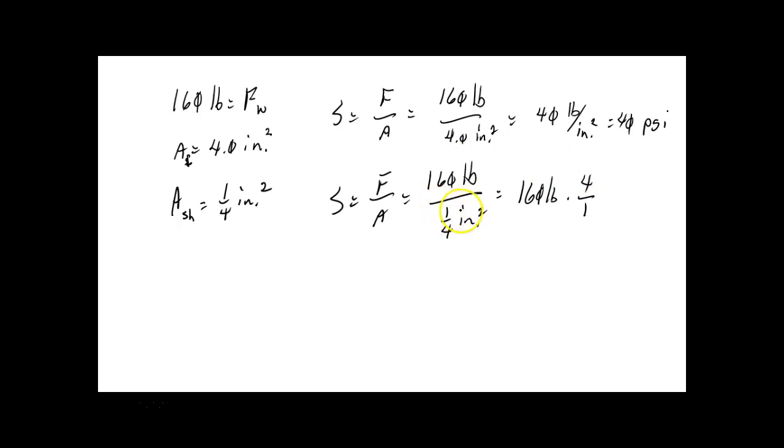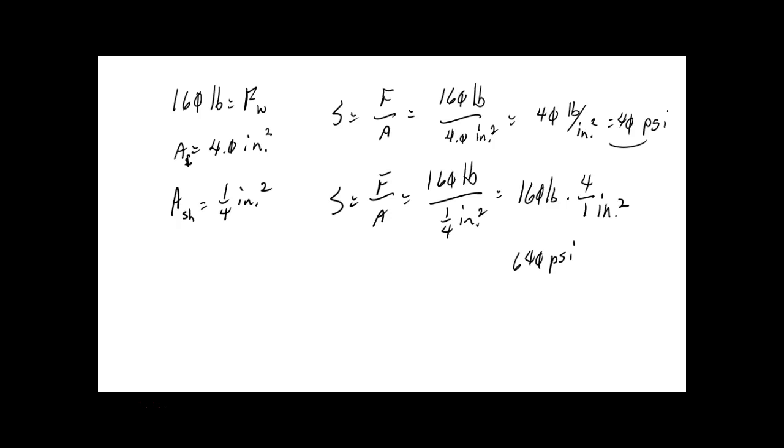And the square inches goes with the 1. Okay. So this will be 640 PSI. So you go from 40 PSI to 640 PSI. That is a huge, huge difference. Okay?